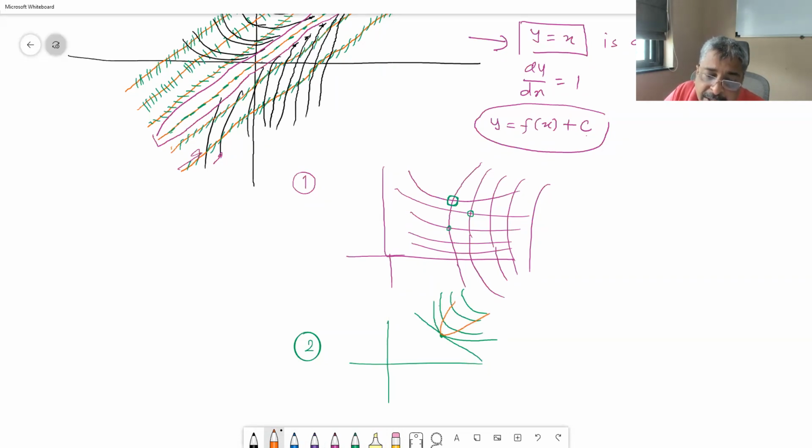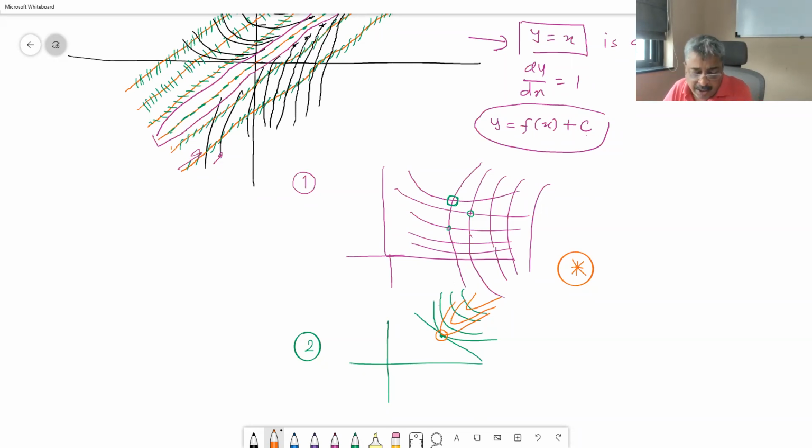It is a different family but tangent at that point. So at any point in this direction field, it will not happen that two curves are sharing the tangent. Two curves cannot be tangent or touch each other at one particular point in the direction field. These are the two cases we must be aware of while drawing the integral curves.